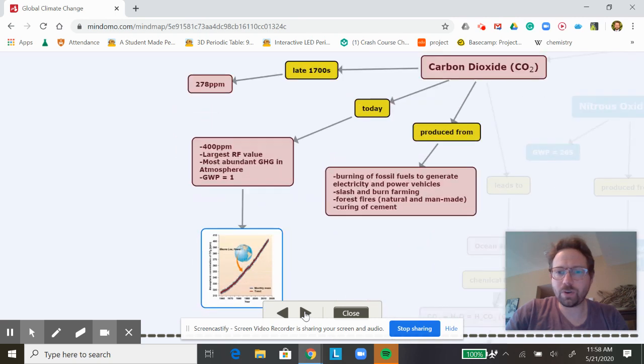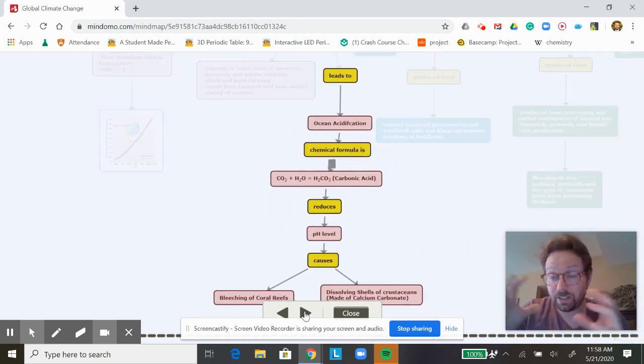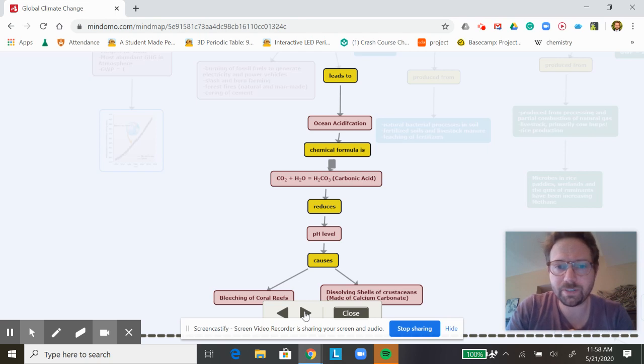So this leads to, as a result, increased CO2 also leads to acid in the oceans, or ocean acidification. It creates carbonic acid, where you take CO2 and it mixes with the water and makes H2CO3. And this reduces the pH of the water.